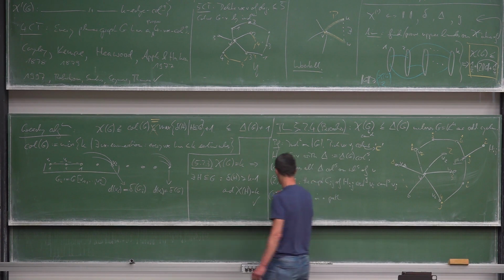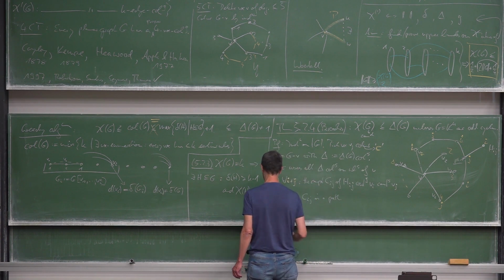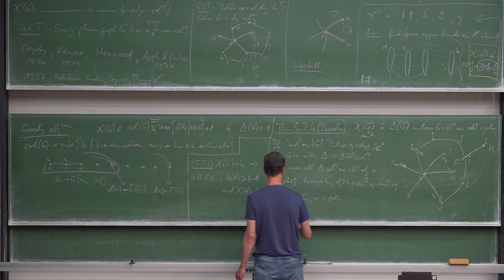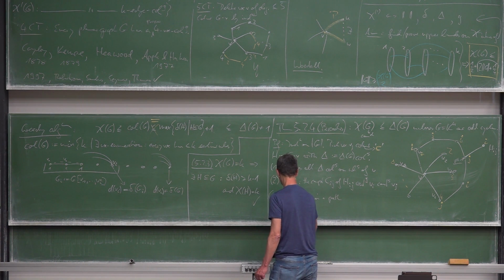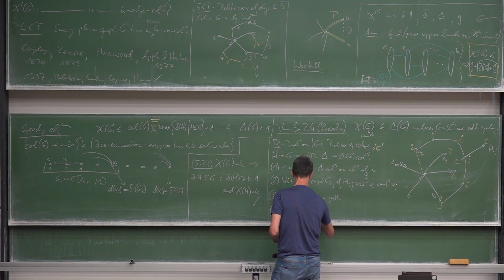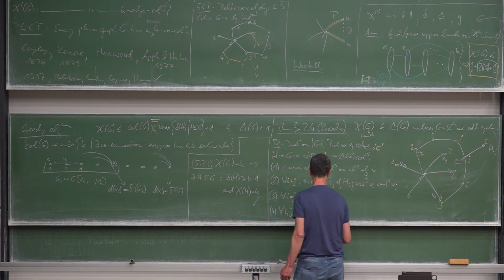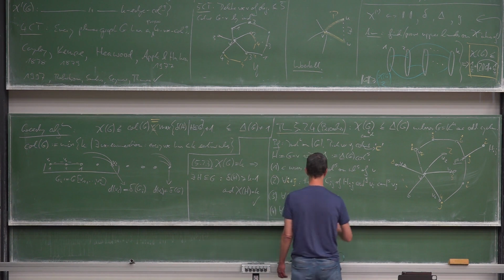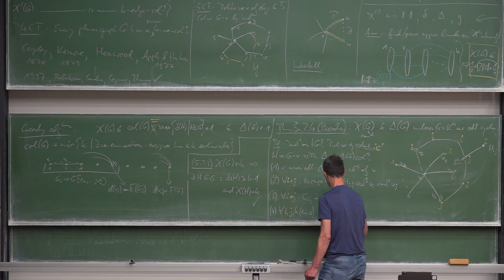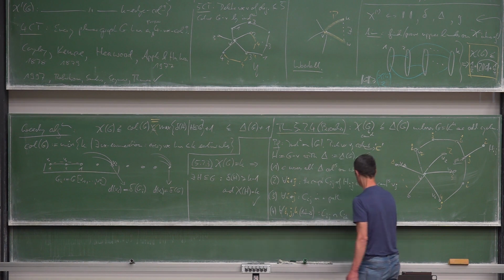And then we just need one more observation. And that is, for all i, j, and k distinct, Cij and Cik meet only in Vi.